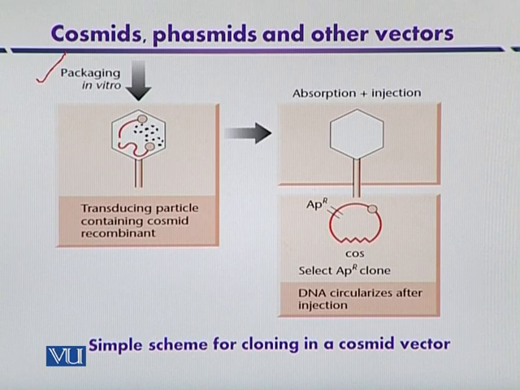After the process of adsorption and injection into the host organism, the recombinant host organisms are selected on the basis of the ampicillin resistance marker. And keep in mind, after injection into the suitable host organism, the Cosmid will assume the circular form as you observed in the case of the lambda genome.